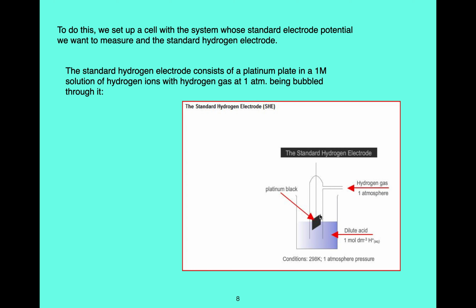Platinum obviously conducts electricity. It's inert. It's also quite a good catalyst. It doesn't react, but it does help the process to happen. 1 molar solution of hydrogen ions and 1 atmosphere hydrogen gas is pumped into here. 298K, and everything's standard.